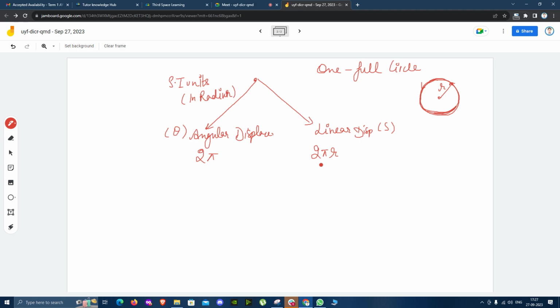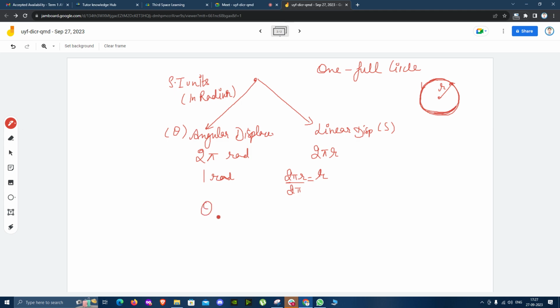So if 2 pi radian corresponds to 2 pi r in linear terms, then 1 radian will be equal to r, simply r, because 2 pi r divided by 2 pi is r.